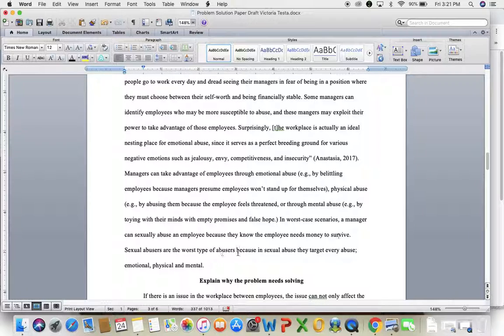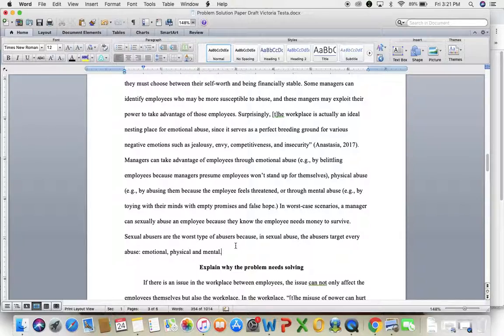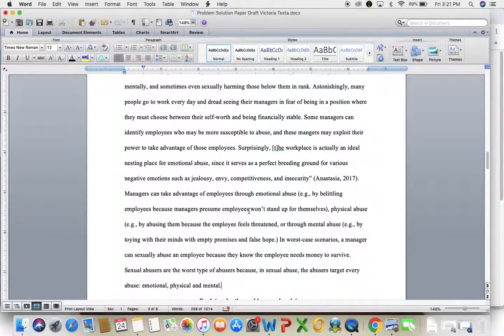"Sexual abusers are the worst type of abuser because in sexual abuse..." I think you mean the abusers. What did I miss? Yes, I got rid of target. "Target every abuse. Emotional, physical, and mental." Okay.